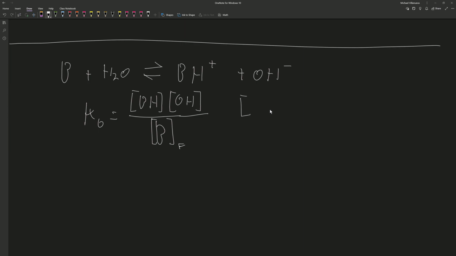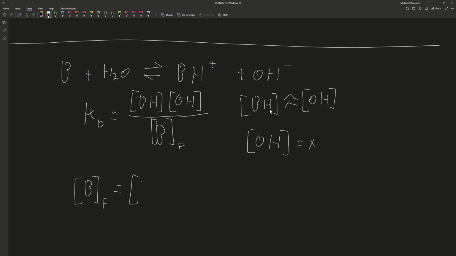We will assume that BH is equivalent to the OH, so we are going to disregard water's autoionization, and we are going to set OH equal to X. If this is the case, the final concentration of the base is equal to the initial concentration of the base minus the salt, BH.